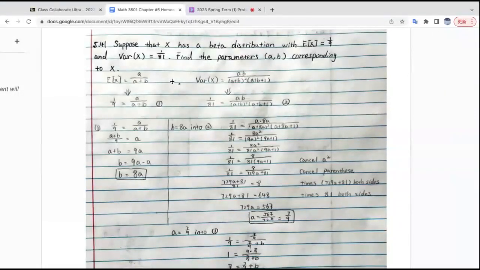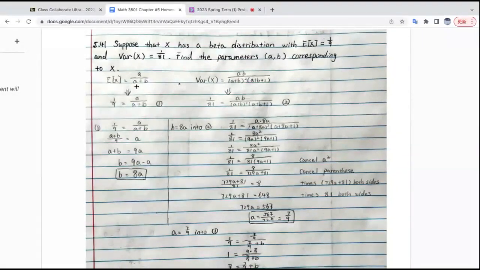Suppose that x has a beta distribution with expected value of x equal to 1 over 9 and variance of x equal to 1 over 81. Find the parameters a, b corresponding to x. In this question, we use two formulas.